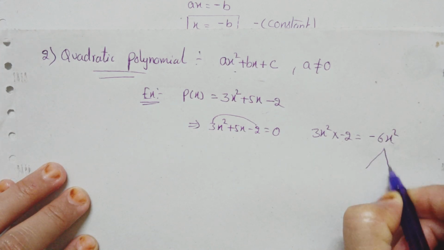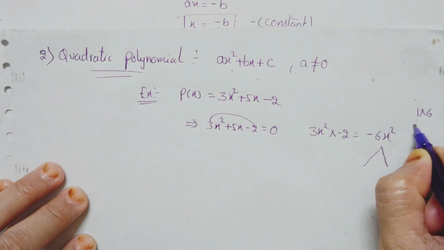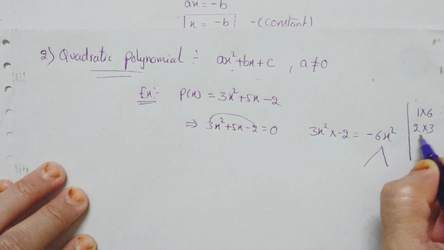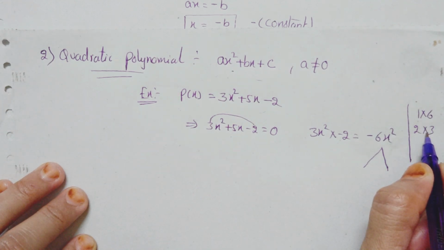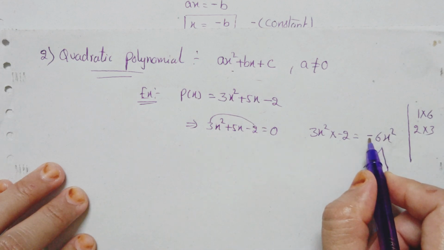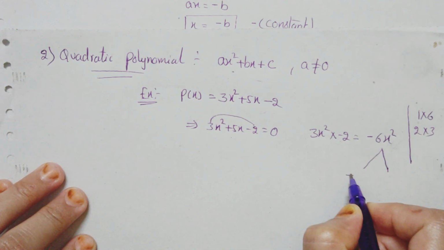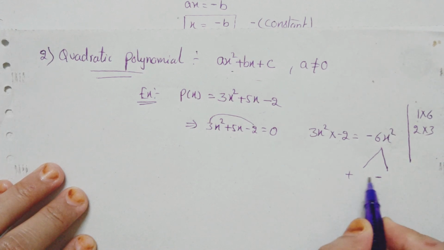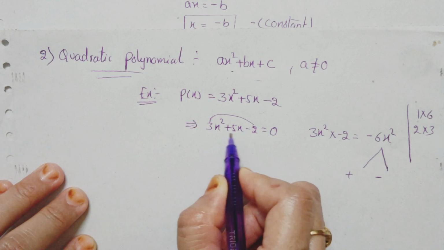The factors of 6 are 1 into 6, 2 into 3. But which one do we have to pick from these two? Let us check. Here the minus sign is there, which means one symbol will be plus and one minus. If you take the difference, your answer should come as 5x.